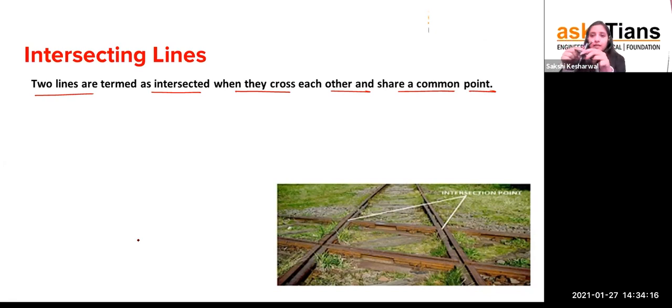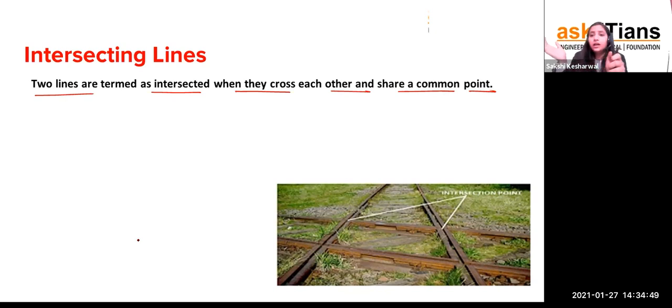So this pen can intersect that pen at one point, and the other pen at another point, yes or no? All three will be intersecting at three points. So any two lines you take will always intersect at a common point. That's only one common point, not many common points. There will be only a single point at which they intersect.